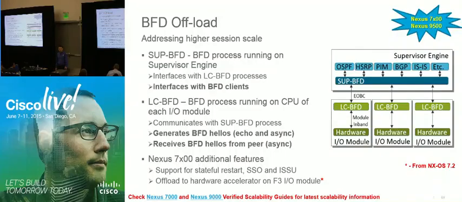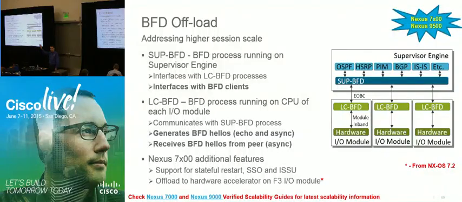Okay, good. BFD offload. As I mentioned, in order to achieve scale, we have to do offload. So we have a component that's running on the line card on the 9500 and on the 7K and 7700. It sends hello packets. The component on the supervisor, the SUP BFD, as you see above, just takes care of the logistics.